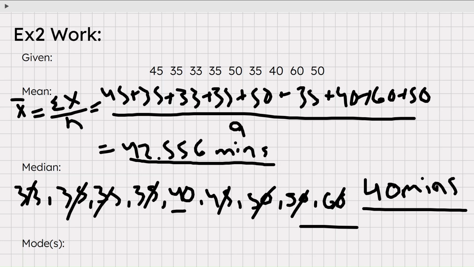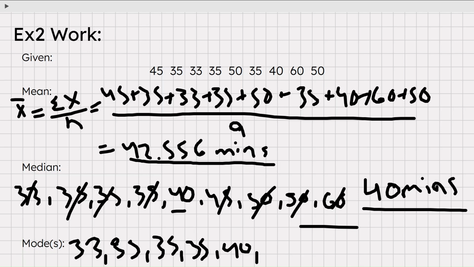Now, for the modes, or mode, we would take the arranged values as before. So 33, 35, 35, 35 again, 40, 45, 50, 50, and 60.